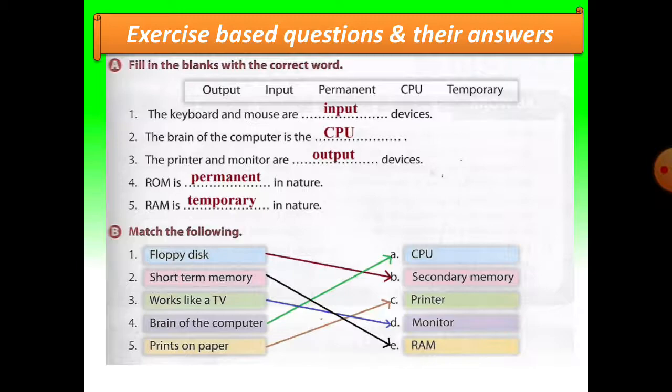Option D will be the correct one. Number 4, brain of the computer. Brain of the computer is CPU. Number 5, prints on paper. So the number 5 is printer. Option C, printer.